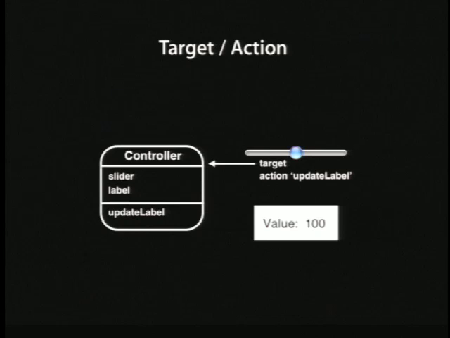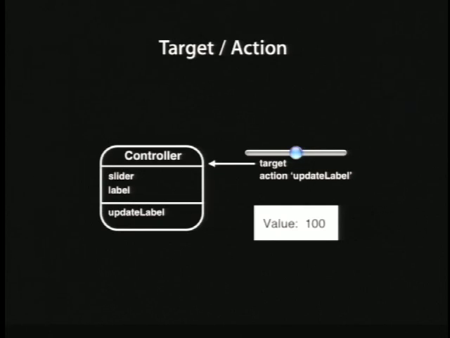Similarly, a UI element, a control, has something called target and action that you can set. And that allows a control to be able to call a specific function when a value changes or when a certain action happens on a certain object. And you actually draw arrows from object to UI element in Interface Builder, and we'll show that.